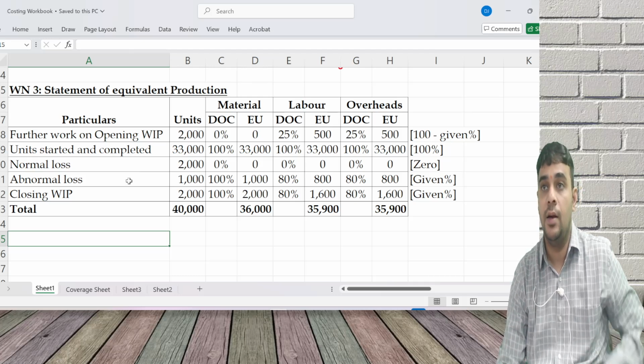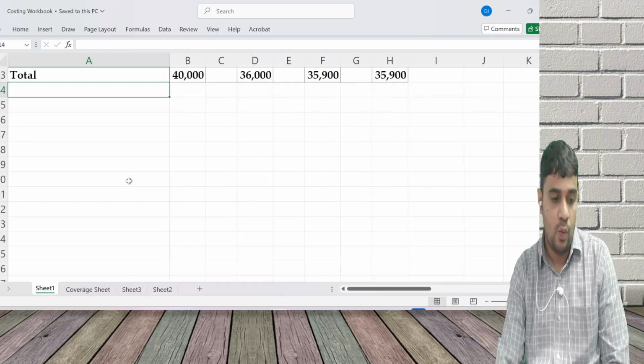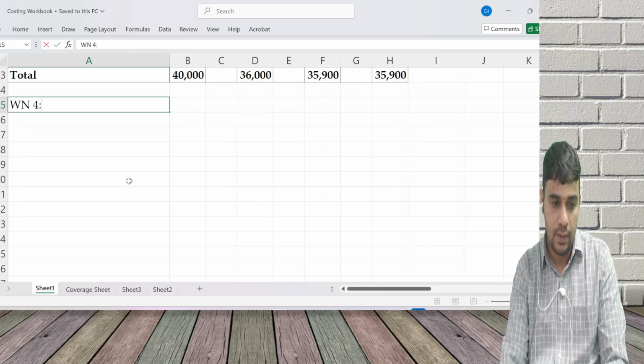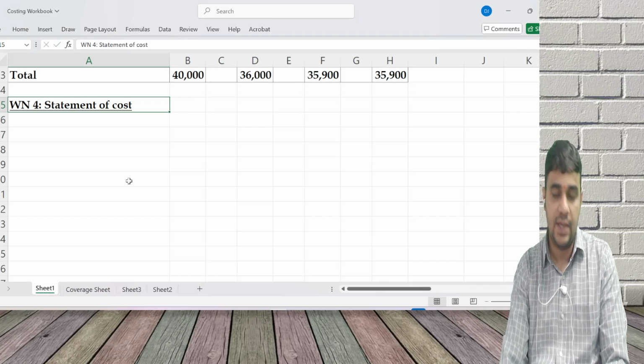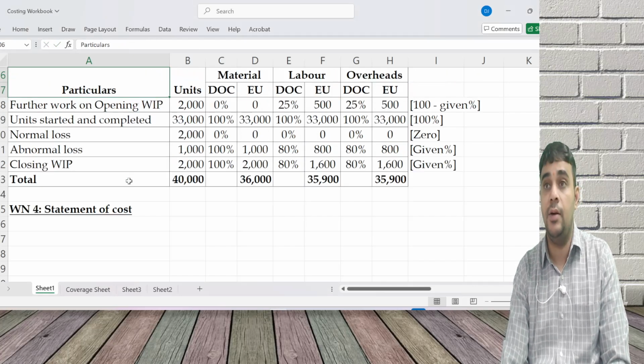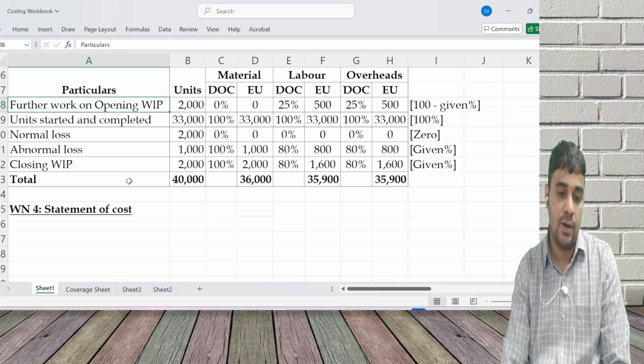Clear? Can you proceed? Working note 4, statement of cost. Technically, statement of cost per unit. Done with this? Everyone done? Statement of cost.